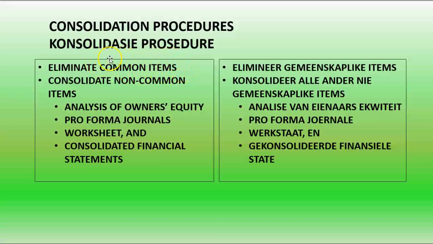The one is the shares that they're keeping in S, the other one is the shares that they issued to P. Can you see it's the same shares that we're talking about? So common items must be eliminated. Non-common items must be consolidated.